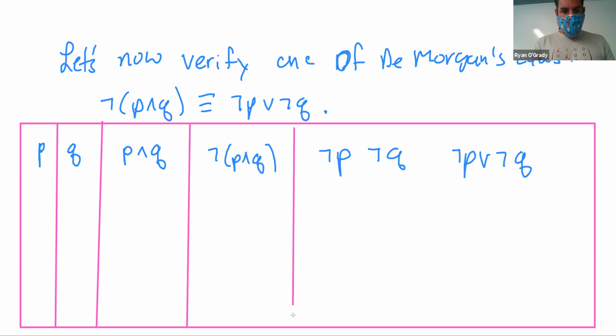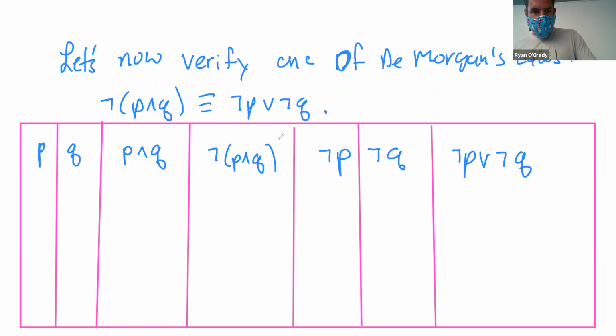Now, I'm going to make sure I don't forget which are the 2 guys I'm most concerned about. So I am going to put a green star here, because this is the guy I need. This is the left-hand side of my equation, and this is the right-hand side of my equation. Now, in order for me to verify this De Morgan law, I need these 2 columns that I have starred to have the same exact truth value.